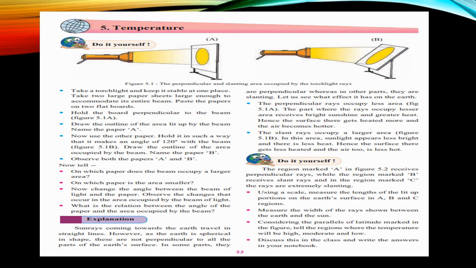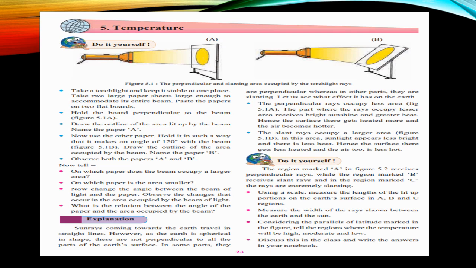As we all are seeing in figure 5.1, the perpendicular rays occupy less area, so that place receives brighter sunshine. क्योंकि वो थोड़ा कम एरिया लेता है तो वो एक ही जगह पे बहुत ज्यादा सनशाइन देता है, इसीलिए वो जगह बहुत ज्यादा heated होती है. Yes, and the air also becomes hotter.